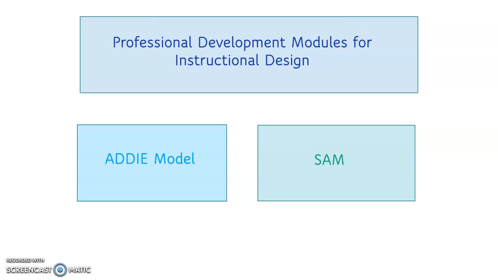So today we're going to cover a couple of modules for instructional design. The first module will be the ADDIE model, and the second portion will be the SAM model, which is the successive approximation model.